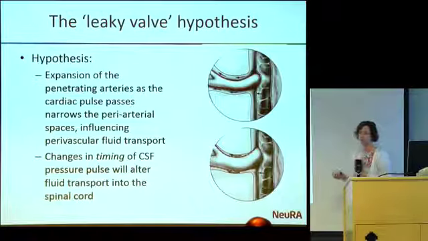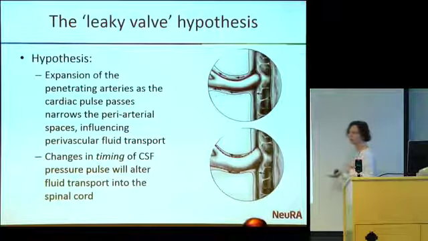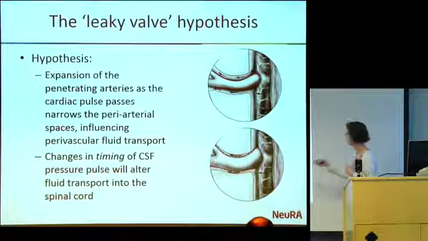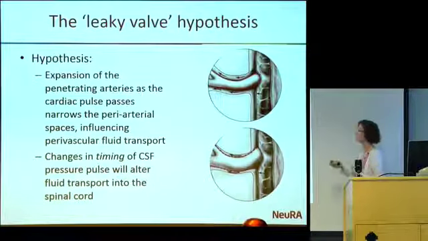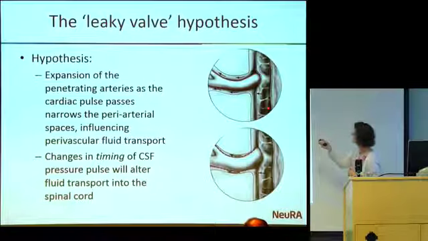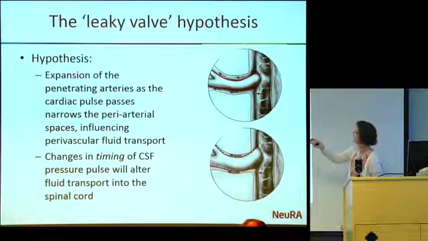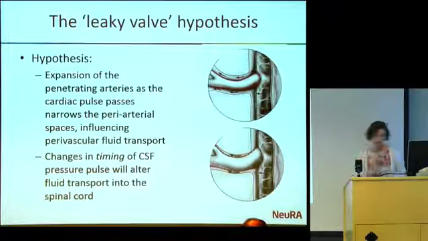Similarly for outflow: if the negative pressure in the subarachnoid space occurs at this point in the cardiac cycle, that would restrict outflow. Whereas if the negative pressure in the subarachnoid space occurs in diastole, that would enhance outflow.